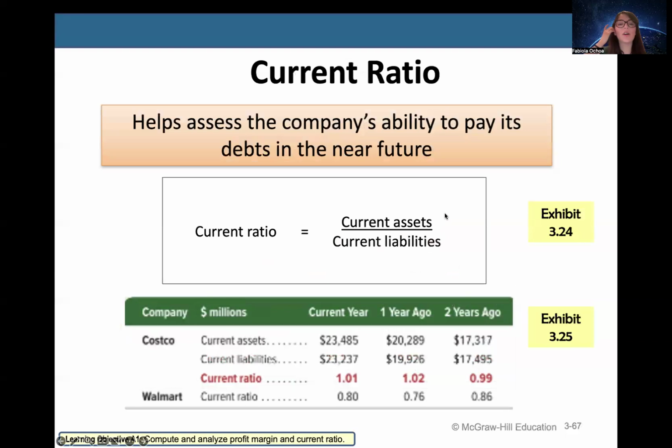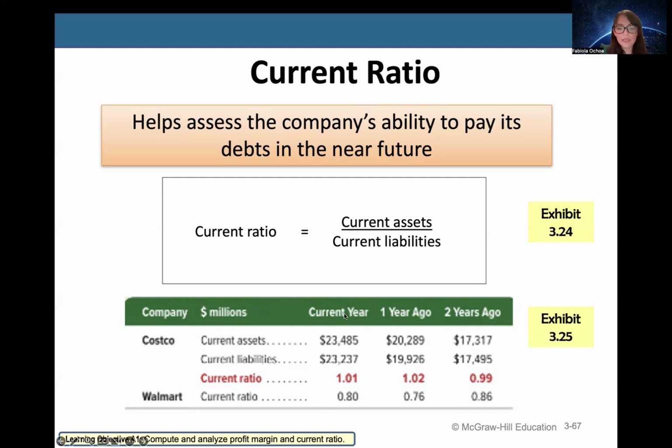Next, you have the current ratio. This ratio helps assess the company's ability to pay its debts in the near future. So you take your current assets and divide by your current liabilities. This will give you a ratio that helps you determine how able you are to pay your debts in the near future.